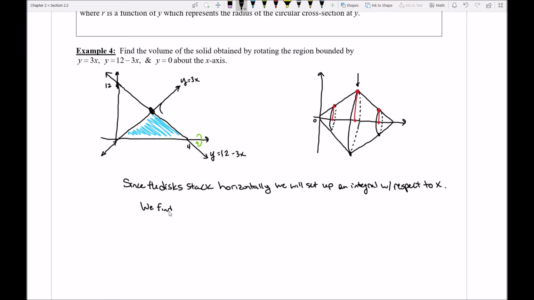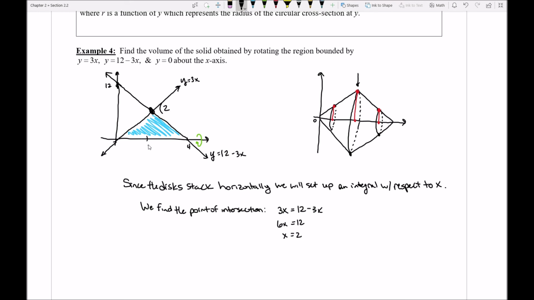So we find the point of intersection for our curves, but this should be pretty easy. I need 3x to be equal to 12 minus 3x. That means that 12 has got to be equal to 6x, and so x has got to be equal to 2.